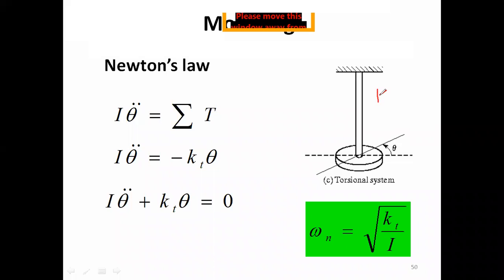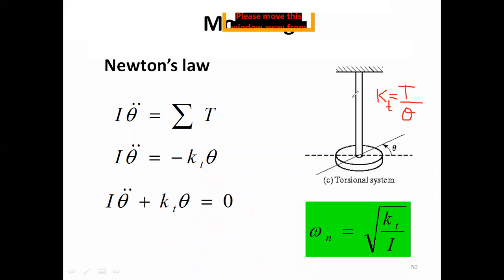And here, the torsional stiffness is denoted by K subscript T, and it is defined as the torque which is required to produce unit angular deformation in a material.